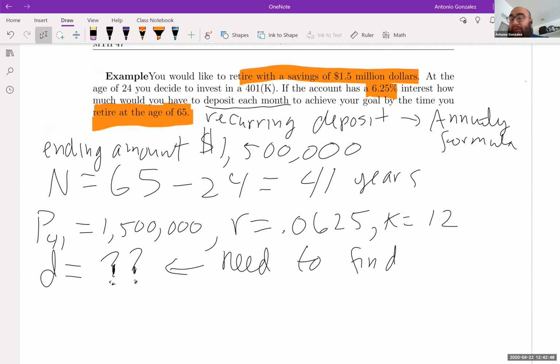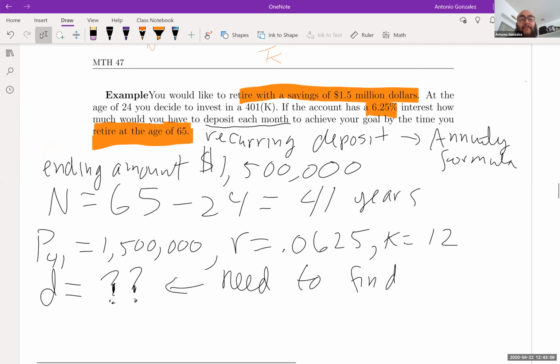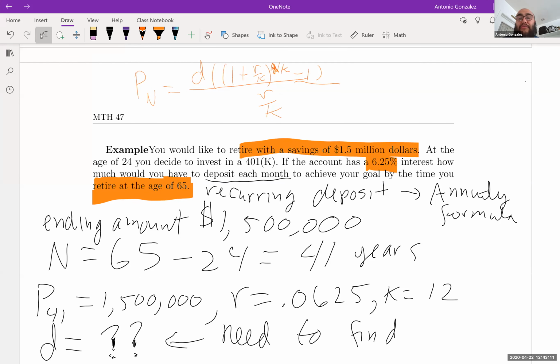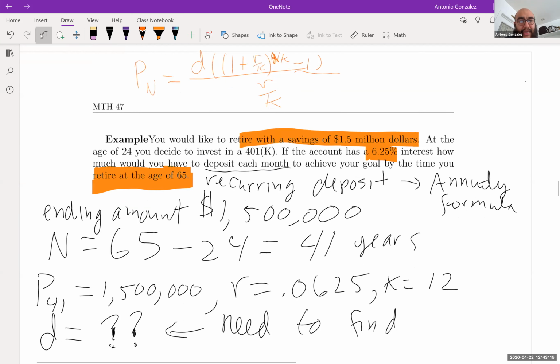As you work through these, you'll notice all of the questions in this section have a similar tone, where either we'll be saving or we're trying to pay off some loan. We'll talk about those loan ones a little later. For now, we have this formula and we need to solve for D. Notice that our formula is not where D is equal to, so we're going to need to do some work to get there. But that's okay.